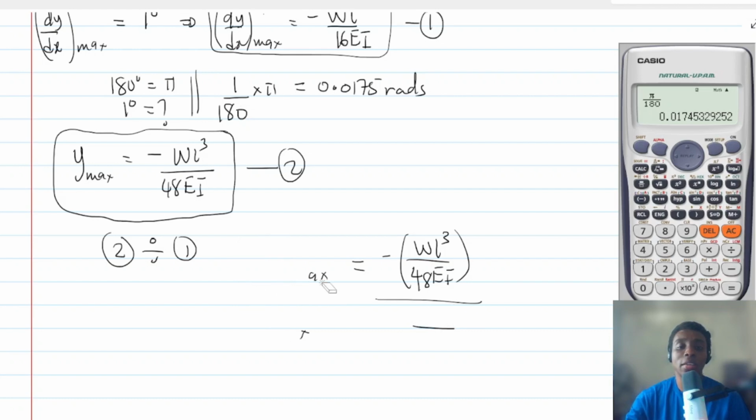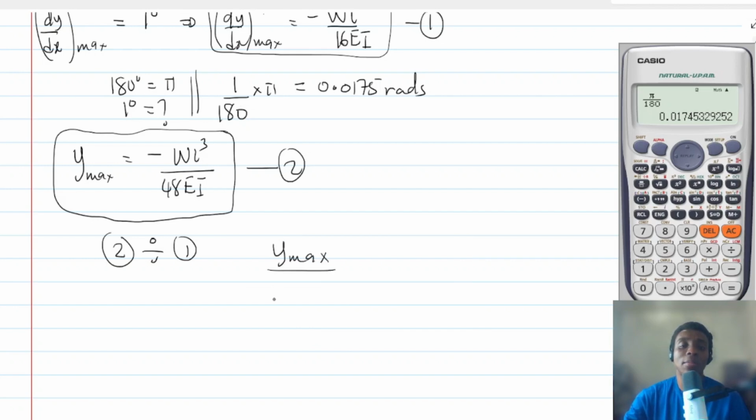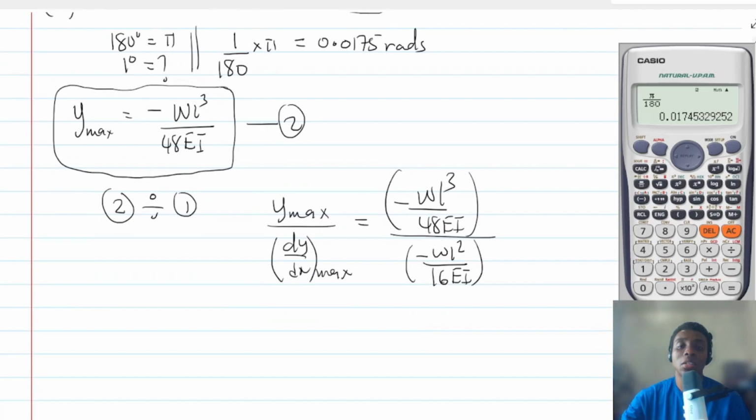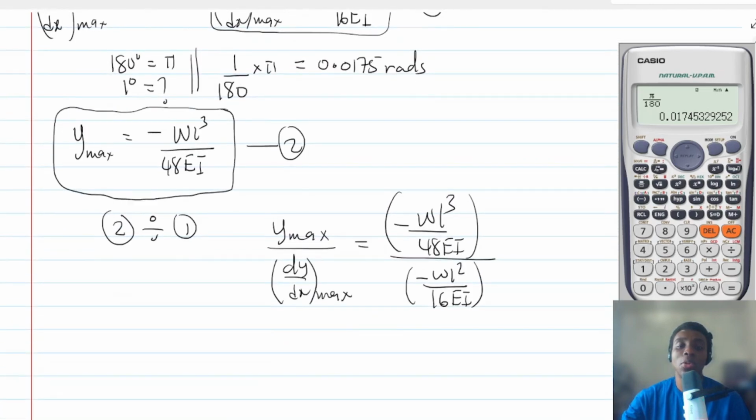Let me do it again. It's actually 2 over 1, so y max divided by dy/dx maximum should be equal to minus WL cubed over 48 EI, and then I divide the whole of this by minus WL squared over 16 EI. So we've got this.